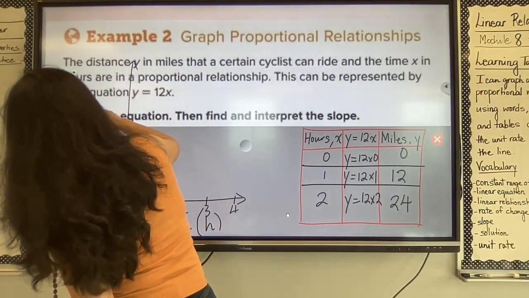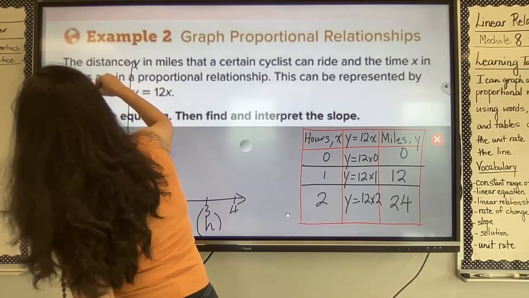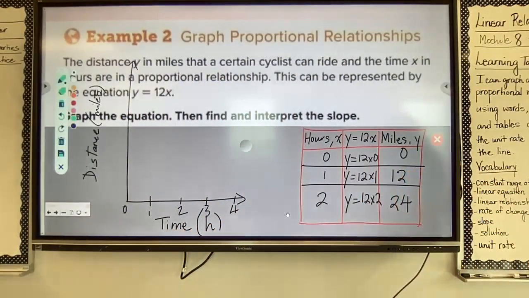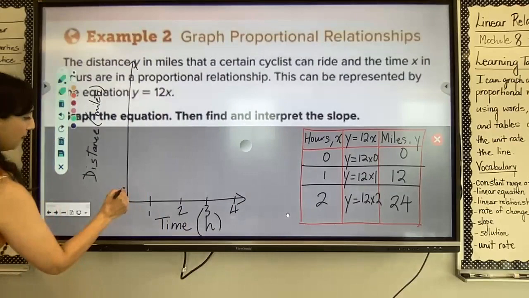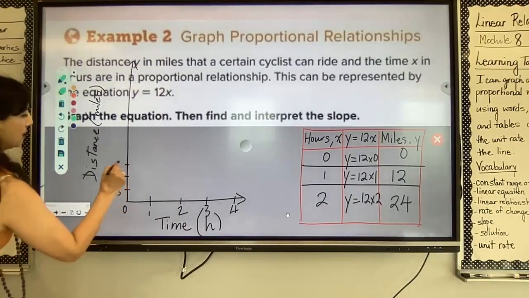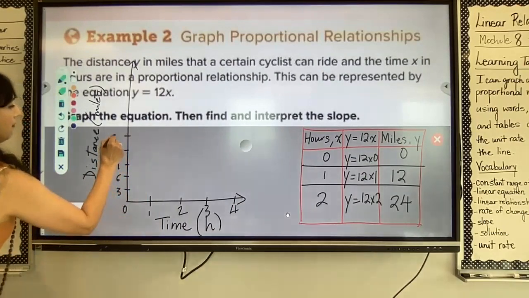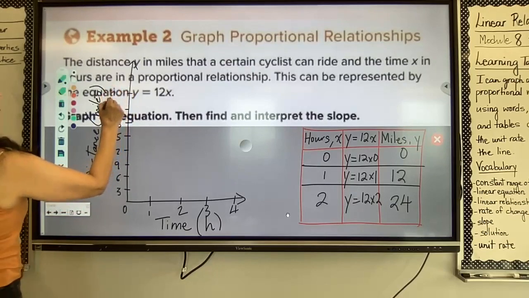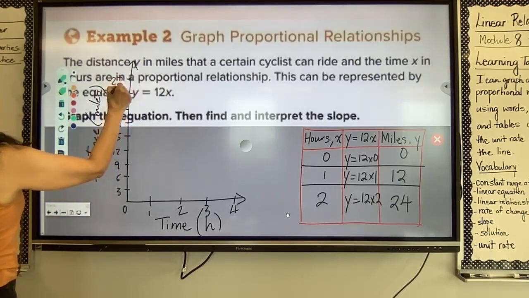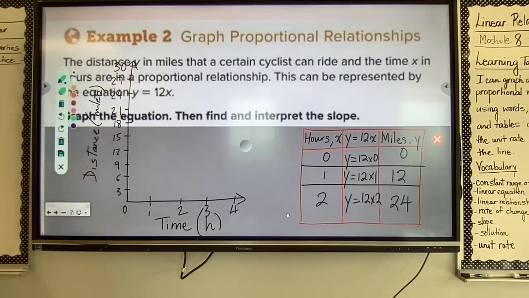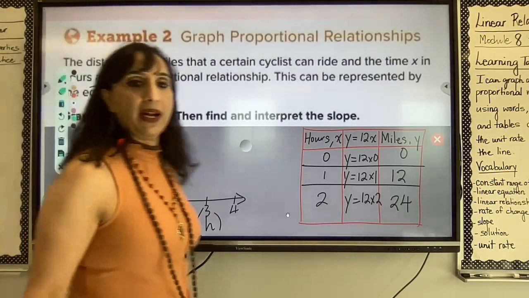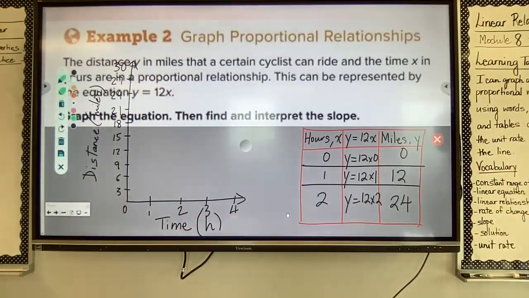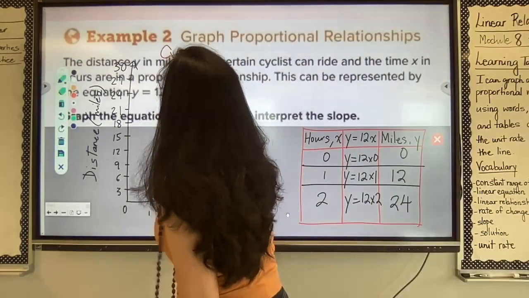Let me just make intervals of 3: 3, 6, 9, 12, and so on up to 30. That's how I have made the intervals over here. This is the distance in miles, and we are talking about cycling.